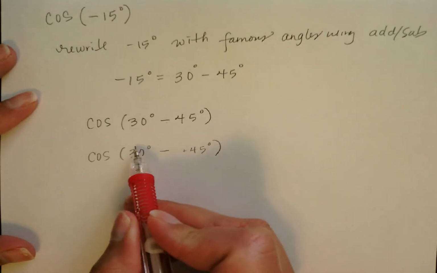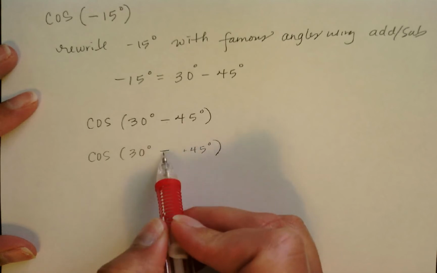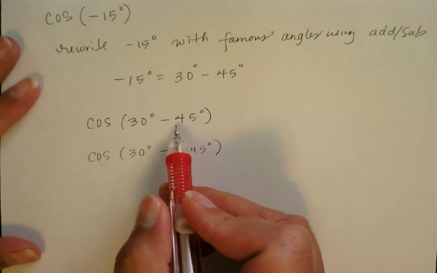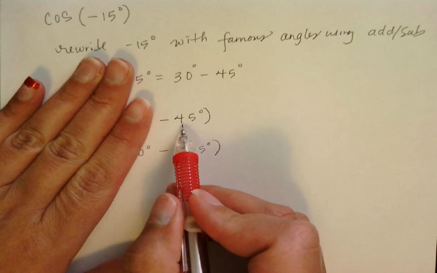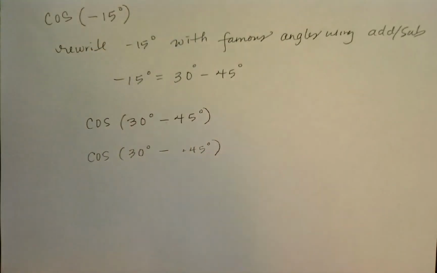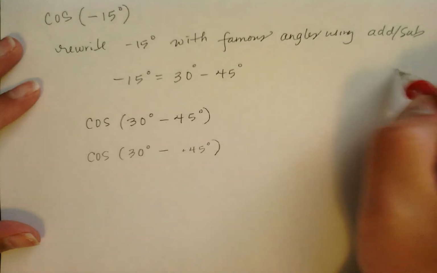So you're doing a regular 30 degree and a regular 45 degree, and you're going to apply the subtraction formula. So I don't want you to do a negative 45 degrees. That's walking backwards. That's something else. So you might say, well, Sam, what's the difference? Let me write it over here, aside.